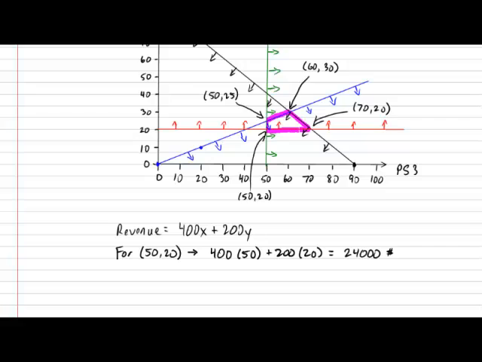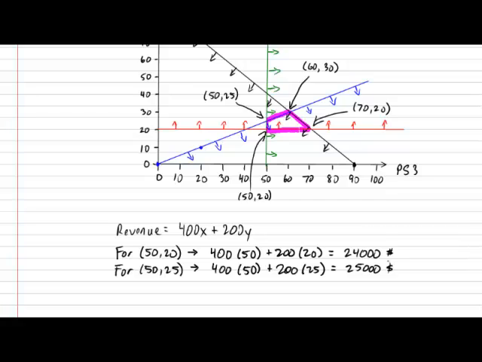Next, let's try another vertex. How about 50 and 25? That will give us 400 times 50 plus 200 times 25, and that will give us a total revenue of $25,000.